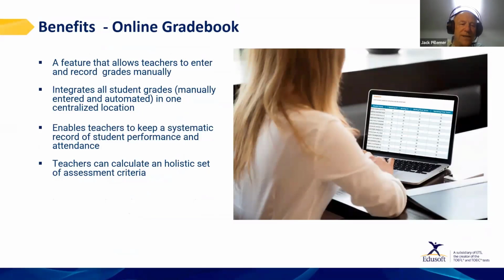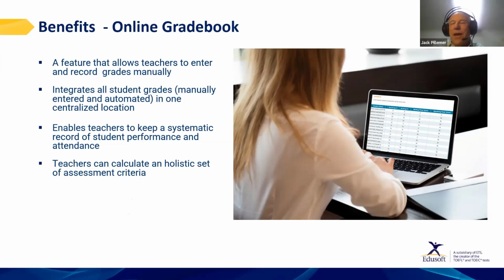Now, the grade book basically is a feature that allows teachers to enter and record grades manually. There's a whole world of grades that are recorded automatically: completion, lesson tests, the quizzes, the midterm test, the course test. Those are all automatically included in data that you can access and assess.